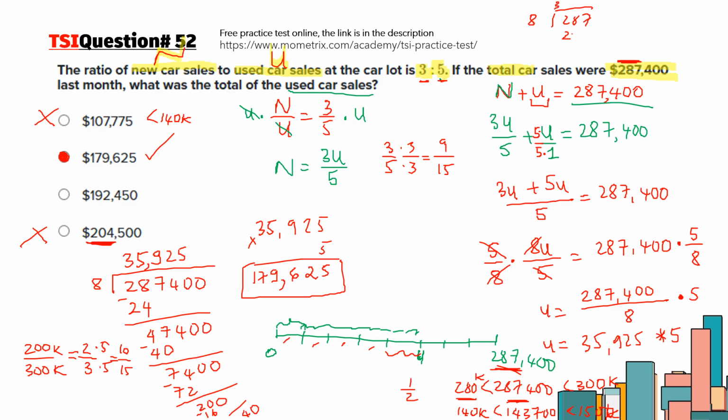So 3 times 8, 24. You subtract it. Then you have 8 subtract 4 is 4. 2 subtract 2 is 0. You're left with 47 divided by 8. You got 5. Okay. So 35K, because you only work with 3 digits, so this is a K.